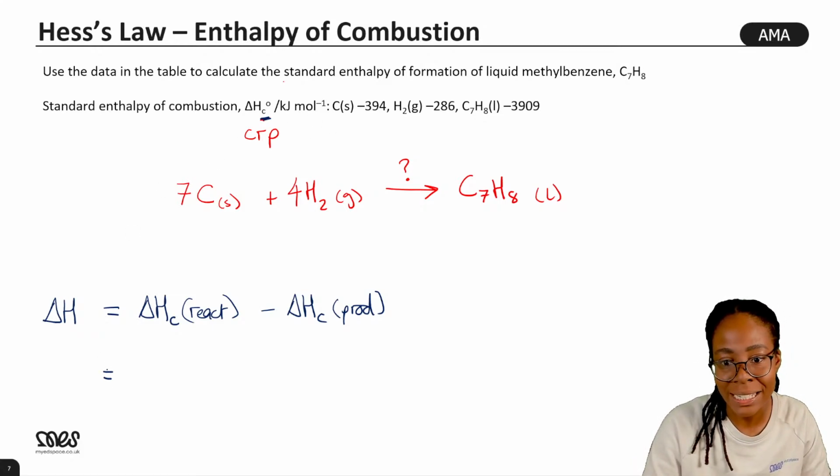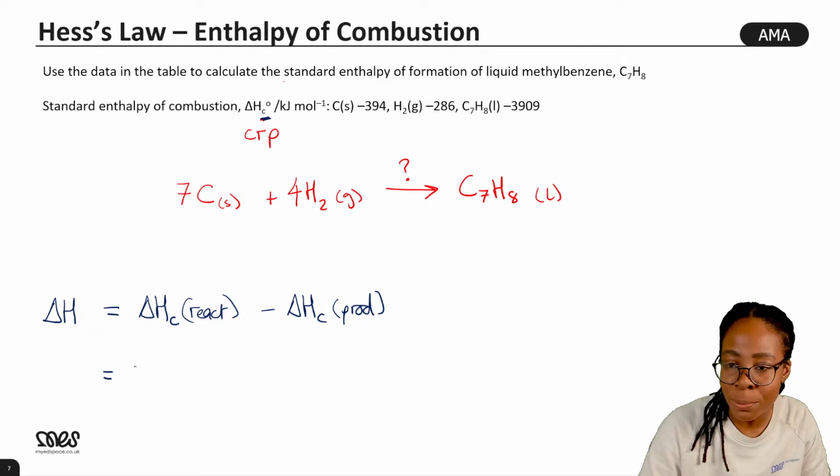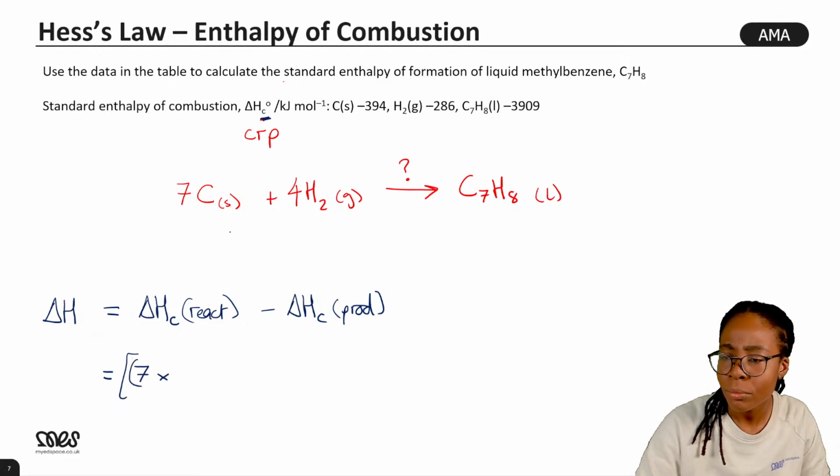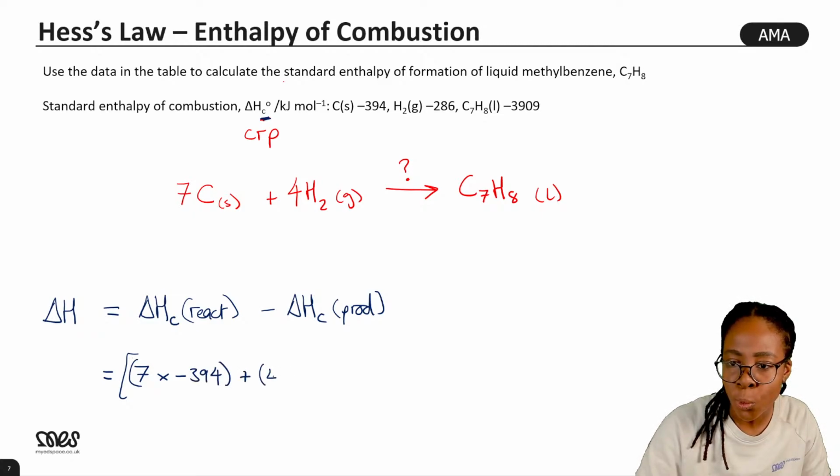This is actually quite nice and easy in theory, right? So enthalpy changes of combustion for our reactants, that's going to be 7 lots of our carbon. So 7 times minus 394 and 4 times minus 286.